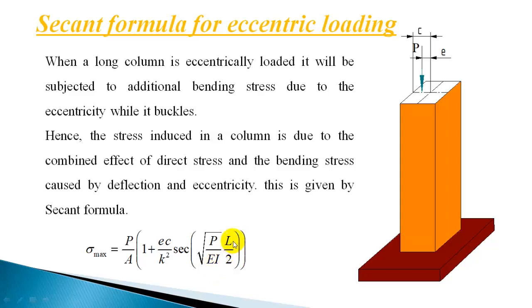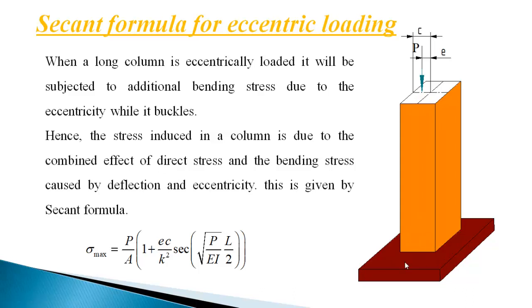L is the effective length of the column, and effective length depends on the end condition, and this secant formula is applicable only for two types of end conditions: one end fixed and the other end free, that is this case, and another is both ends hinged.